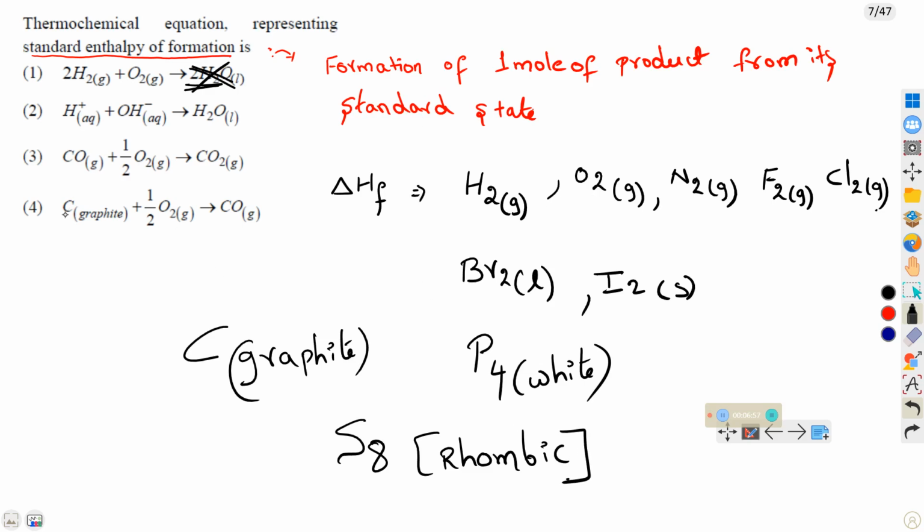Here carbon graphite form is the standard state, so the fourth option is correct.